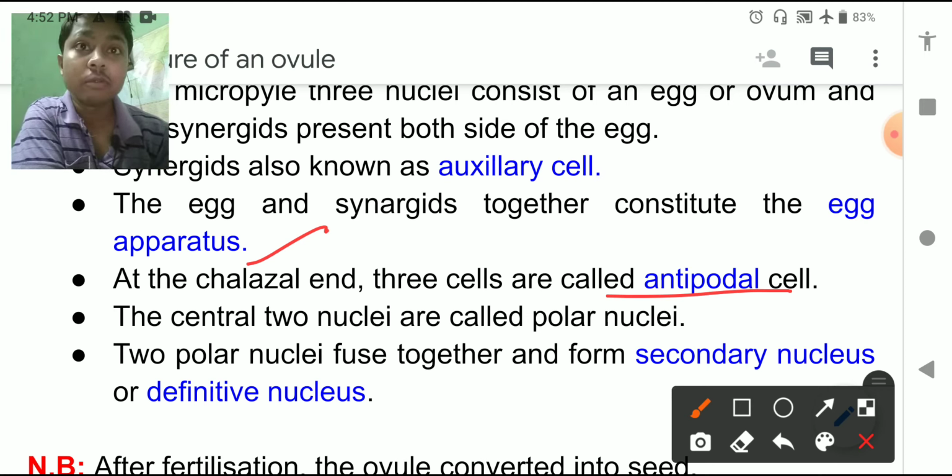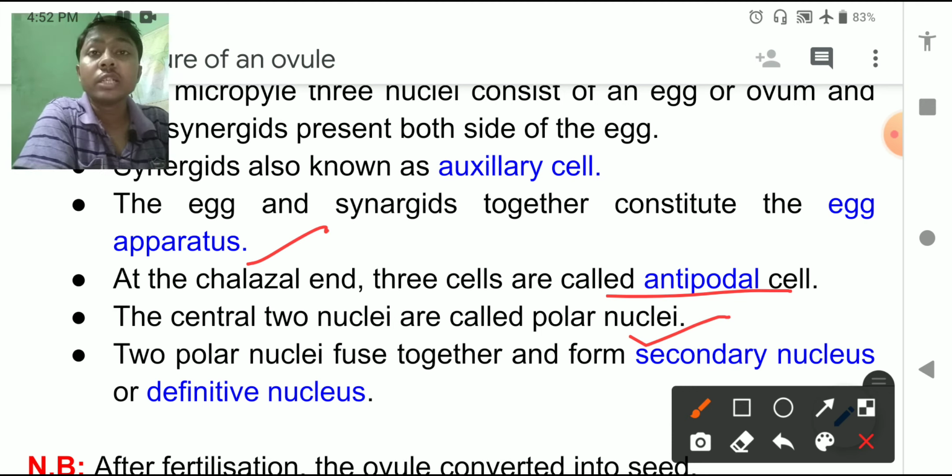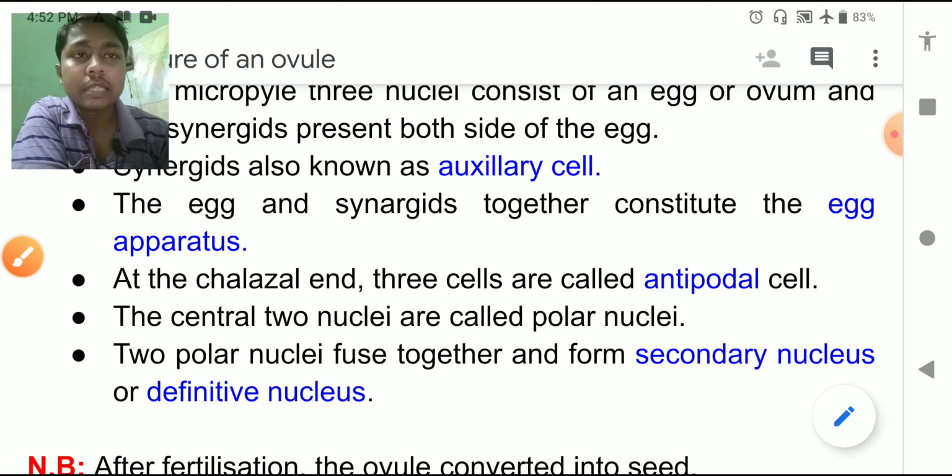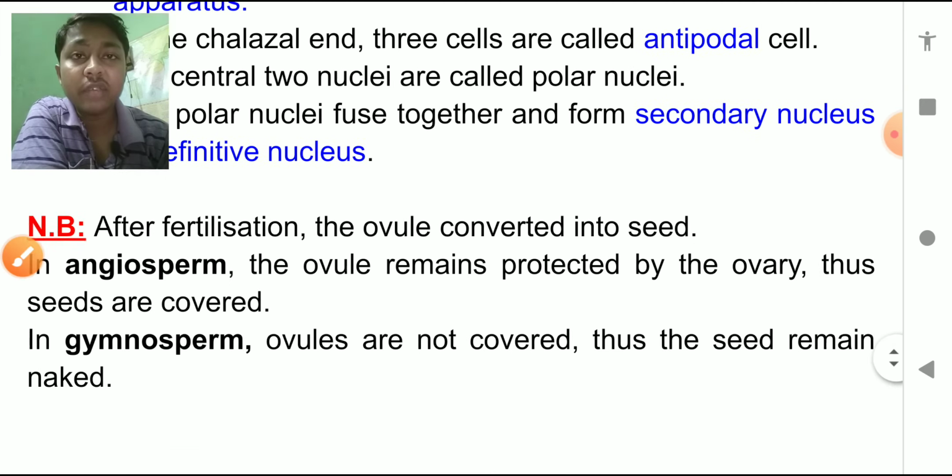The polar nuclei fuse together and form the secondary nucleus or definitive nucleus. So after fusion, the center nuclei are converted into a single nucleus, and this is called the secondary nucleus or definitive nucleus. Okay, I hope this is clear, and now a few points are very important here.